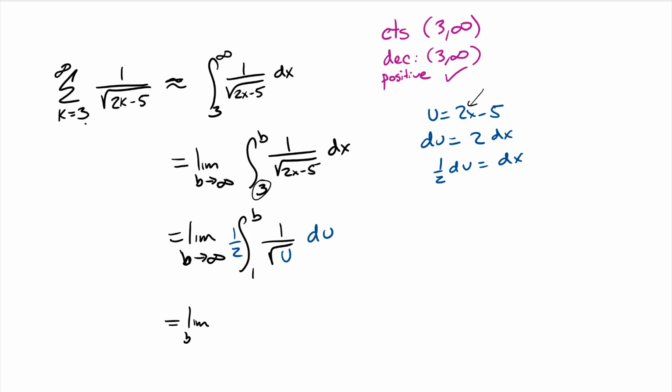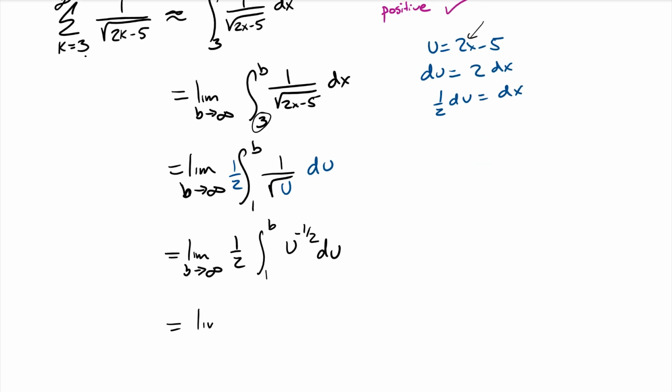So the limit as b tends towards infinity of 1/2 the integral from 1 to b of u to the negative 1/2 power du. So we get the limit as b tends towards infinity of 1/2 times u to the 1/2 times 2. Oh, those just cancel. Evaluated from 1 to b.